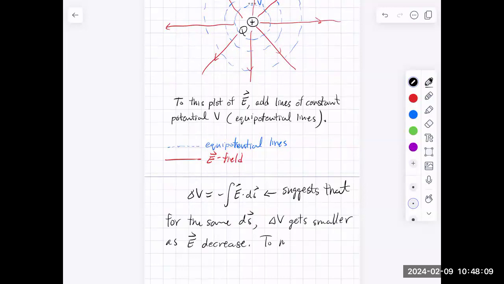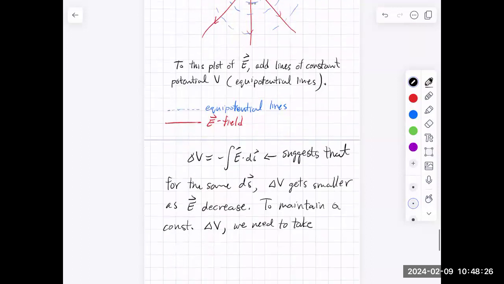So to maintain a constant delta V, we need to take larger steps as E gets weaker.